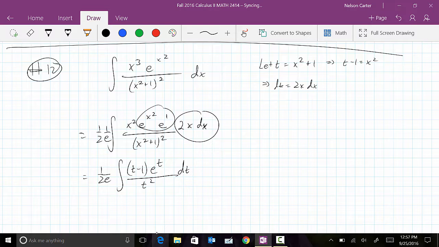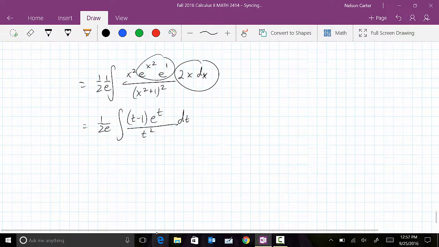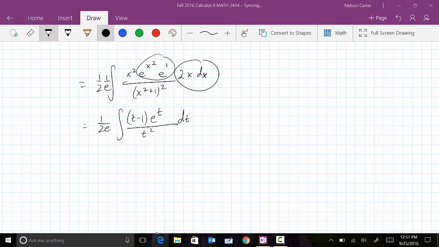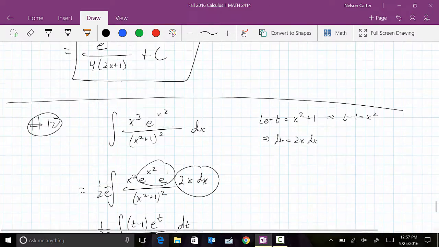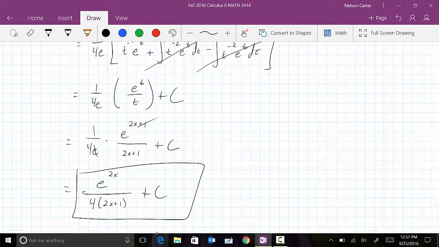Okay, well I guess that's it. It's the same thing, and then you could just go this way. So I'll leave this for you. You just integrate that, and do the same thing I did up there.